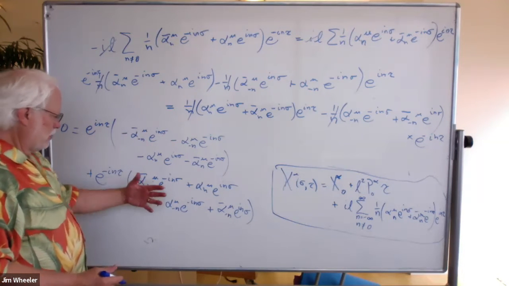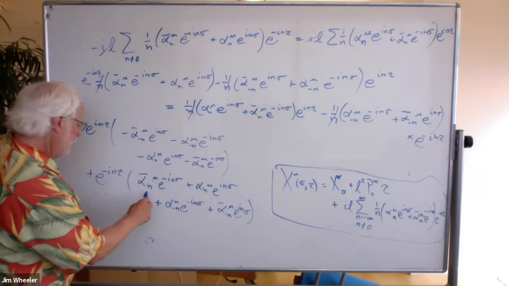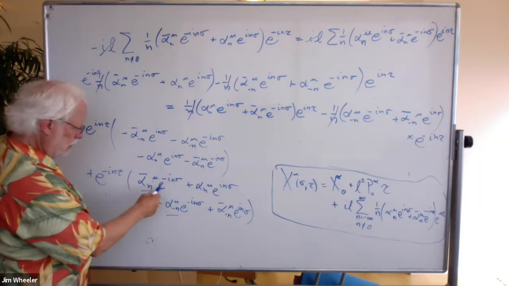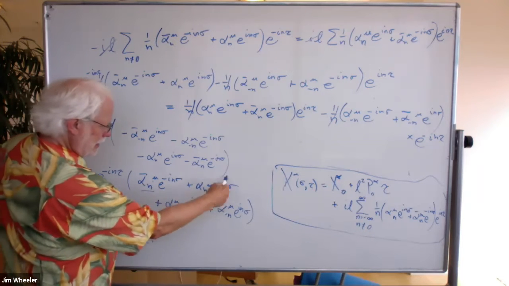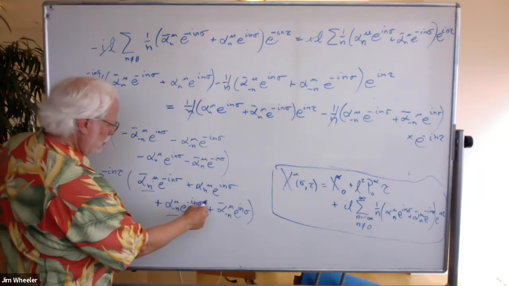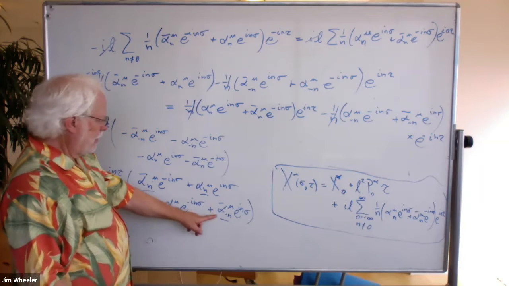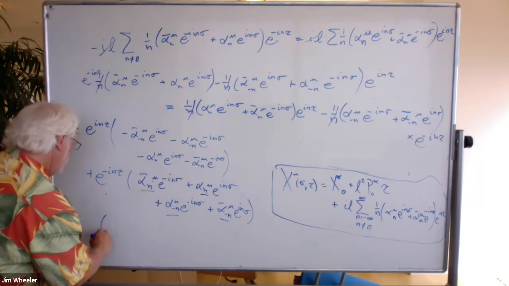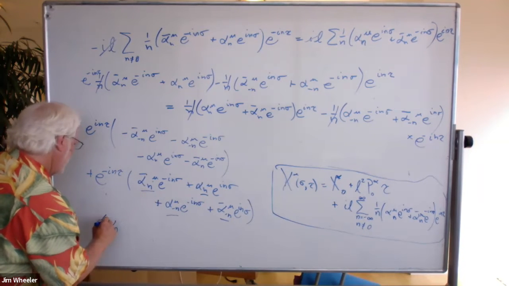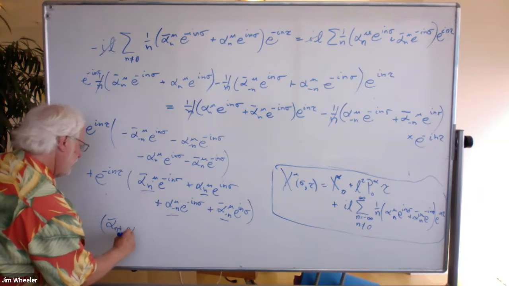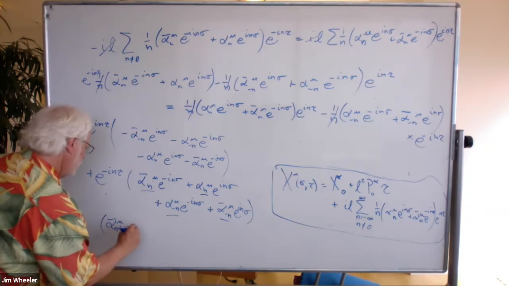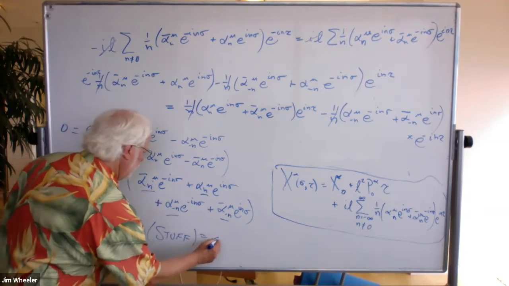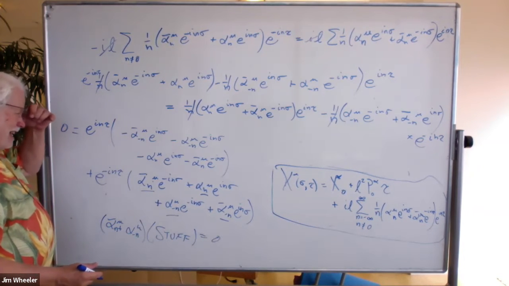So this stuff has to equal 0, that stuff has to equal 0. But notice here we have alpha bar and alpha minus n. Those two are independent of these two. Those two have to cancel. Here we have the conjugate of the same thing, alpha bar of minus n with alpha of n. Basically, you can write this whole thing as alpha n bar plus alpha minus n mu times stuff. And that stuff is not always 0.